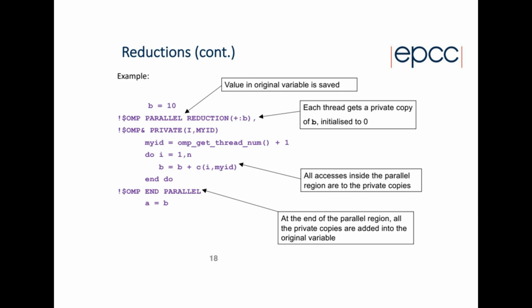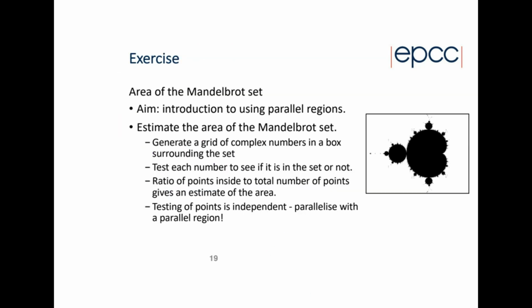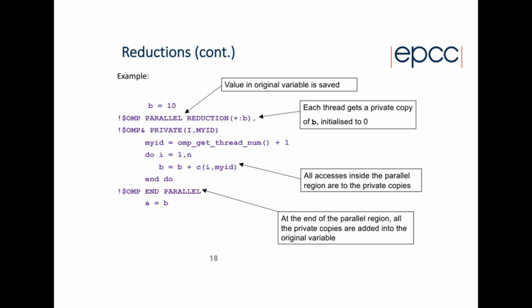If it's the same operator, you can just have a comma separated list in one clause. If you need different operators, you need multiple reduction clauses.